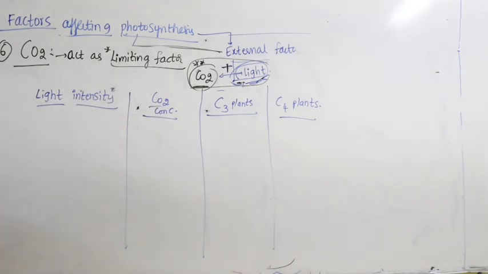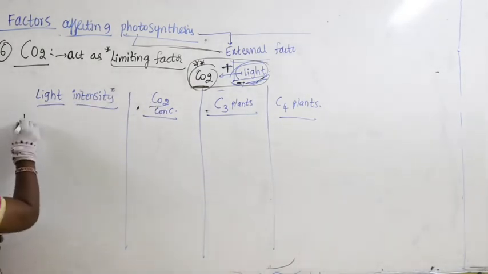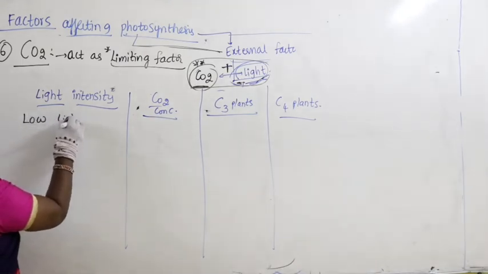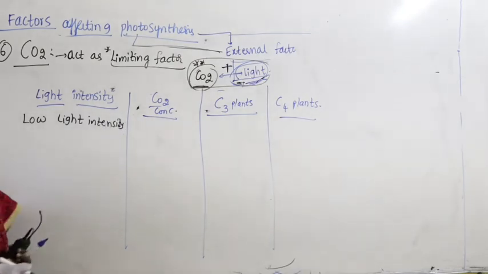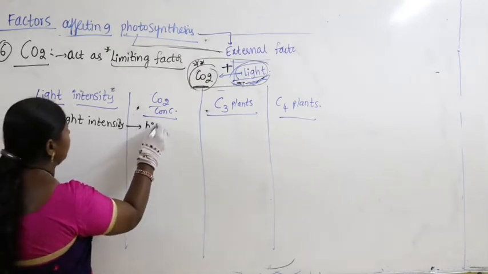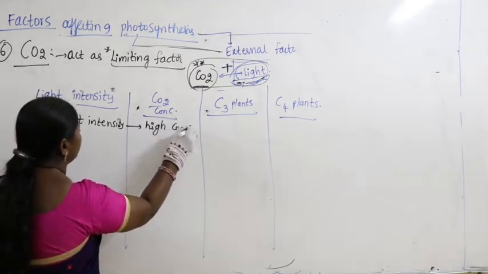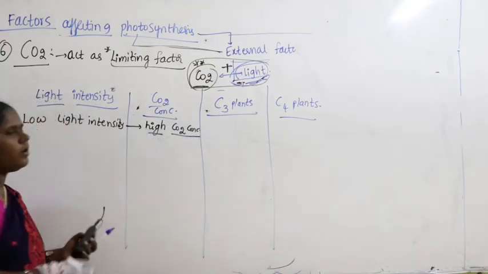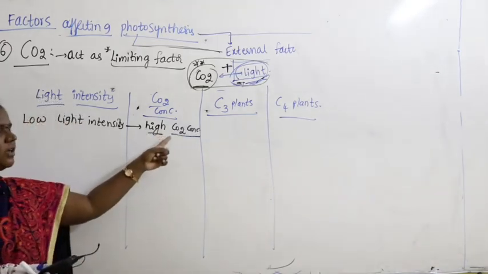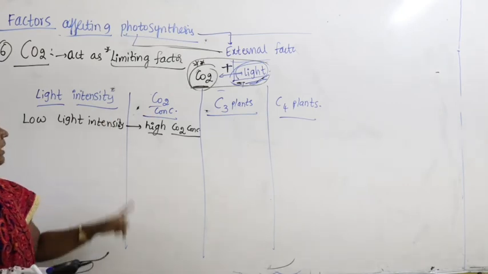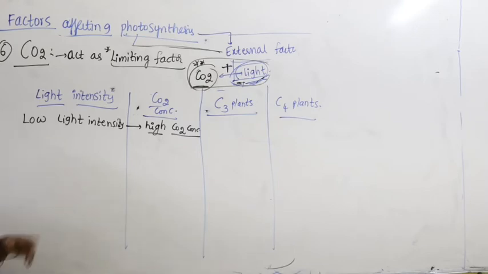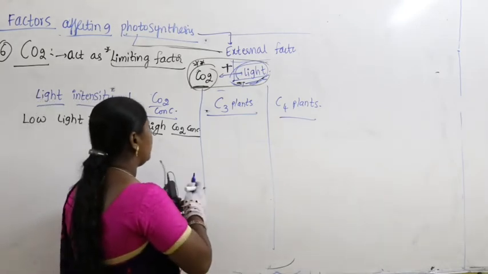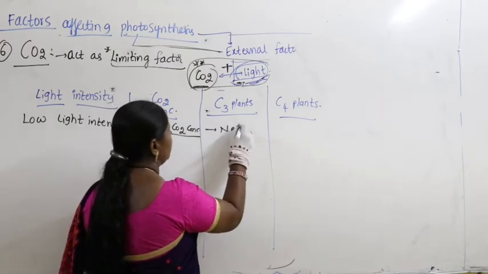Now, what do we say here? Suppose the light intensity is very low, but in the surrounding environment the carbon dioxide concentration is high. Then what happens? Even though a sufficient amount of carbon dioxide is there, because of poor light intensity, neither C3 plant nor C4 plant responds.